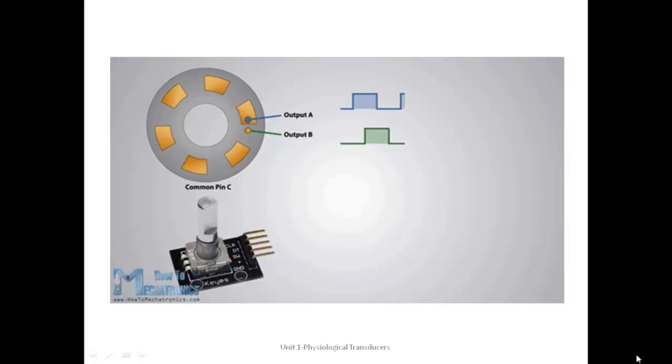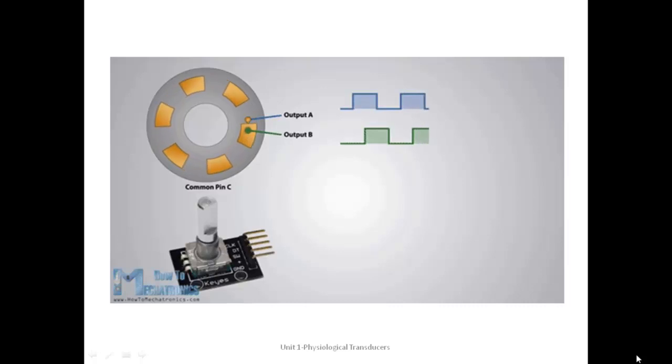Now, as I was telling you about being directional sensitive, over here we can see that the blue colored wave is leading. That means whenever the motion starts, the blue colored electrode or the blue colored pin actually comes in contact with the conducting area first.